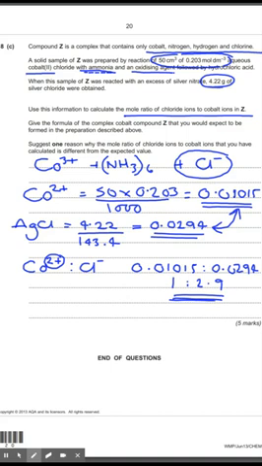The question actually gives you a bit of a clue as to not rounding that to 3, because it's asking you a supplementary question as to why is that value not 3.